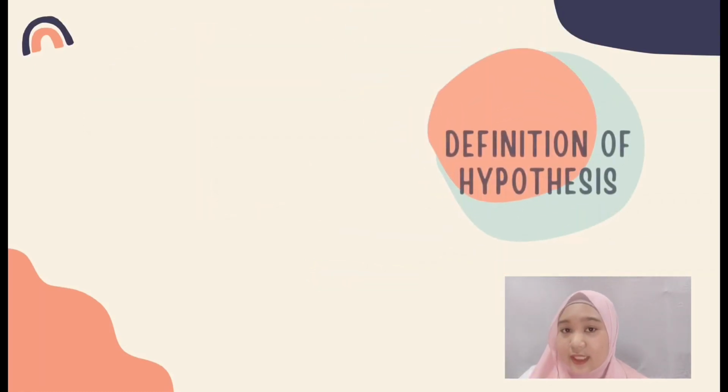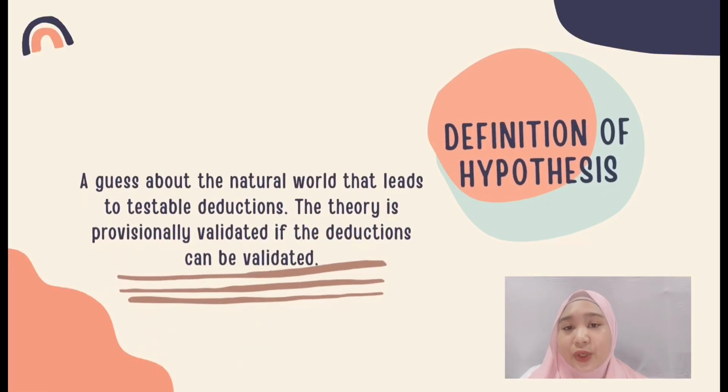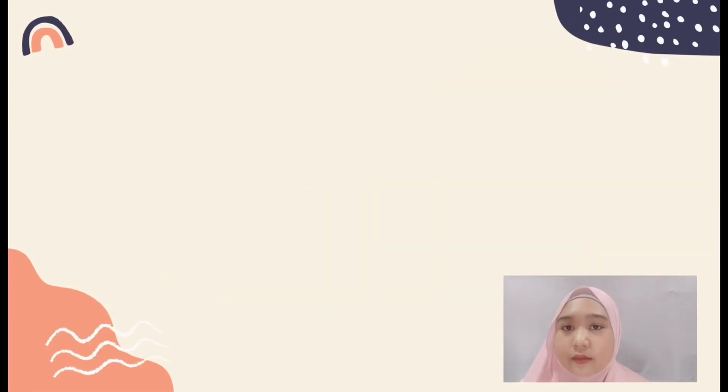Next, hypothesis: a guess about the natural world that leads to testable deductions. The hypothesis is provisionally validated if the deductions can be validated. If the inferences are wrong, the original hypothesis is rejected and must be discarded or changed. More complex inferences and explanations can be built with hypotheses.